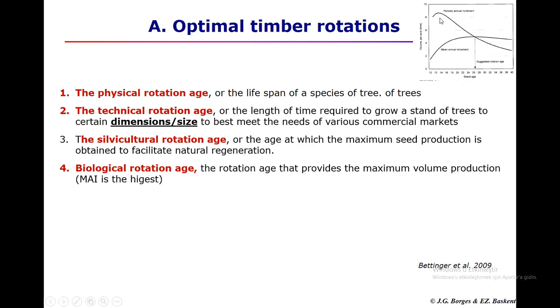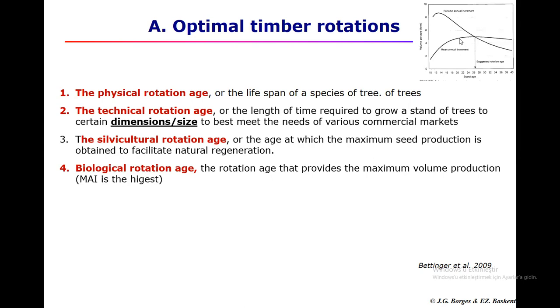the typical periodic increment over time for a given stand. The second curve indicates the mean annual increment. Remember, mean annual increment is the amount of volume at a given age divided by the age.